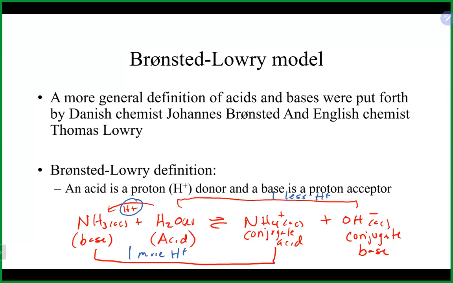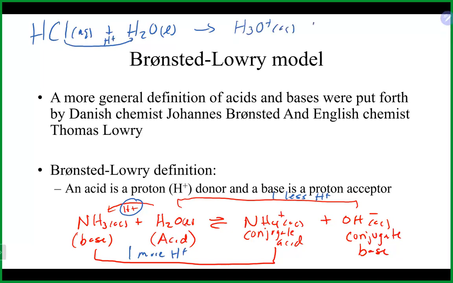Now, if you look at something like the hydrochloric acid dissociating, a strong acid in water. In this case, our HCl is actually going to transfer the H+ over to the water, and that will create H3O+ and Cl-.